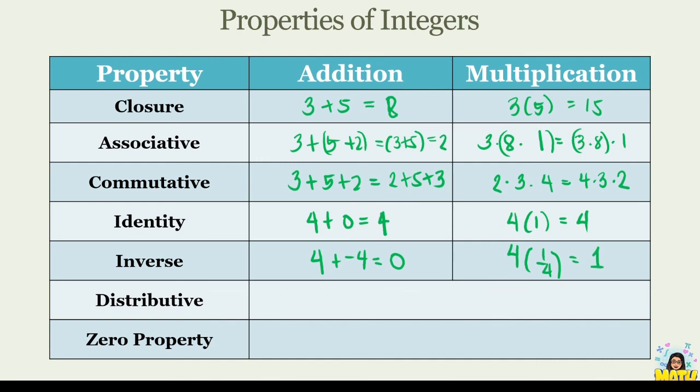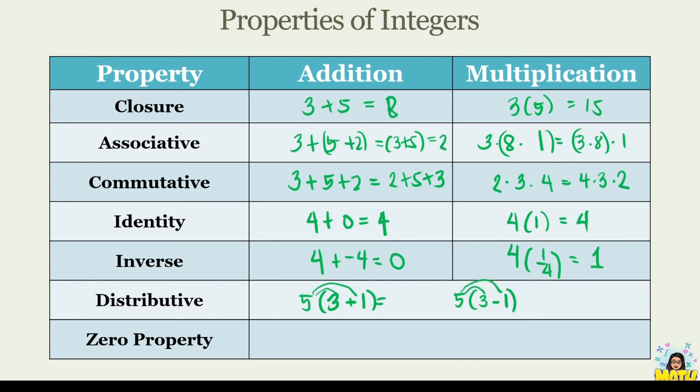And we have distributive property, wherein we distribute the multiplication operation over addition, or we can have over subtraction. Here we distribute the operation of multiplication.